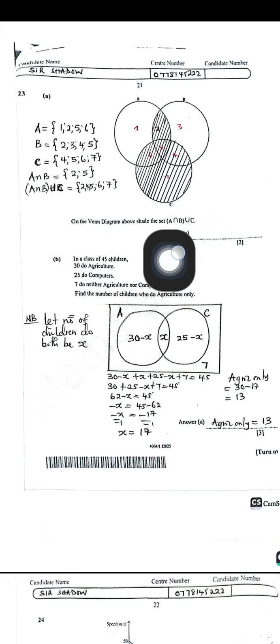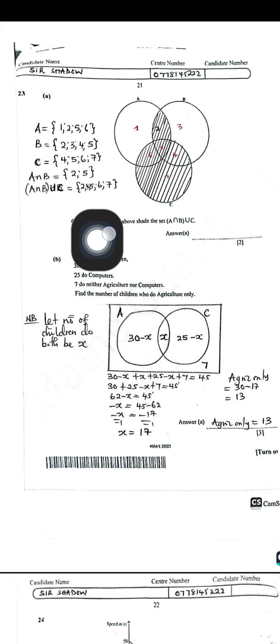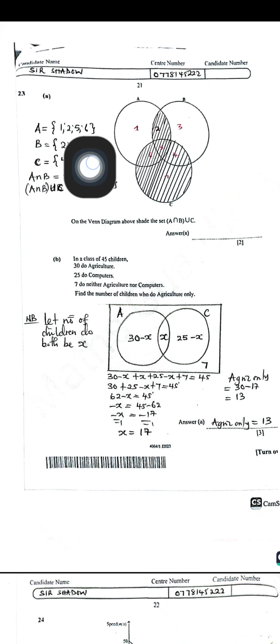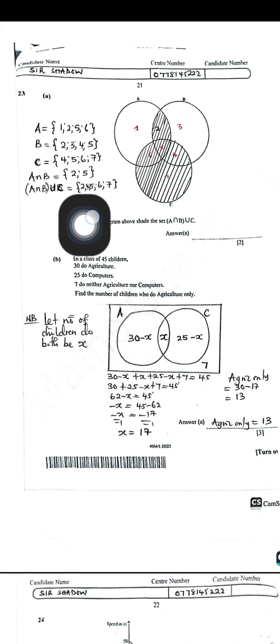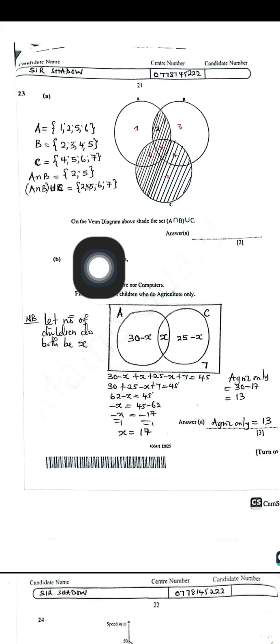Since you want to shade A intersect B in brackets union C, which boundary are we going to shade? We are going to shade the boundary where you have 2, 4, 5, 6, 7. I'm going to shade where there is 2, also where there is 4, also where there is 5, also where there is 6, and also where there is 7.